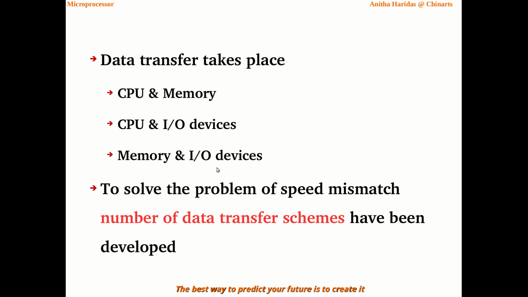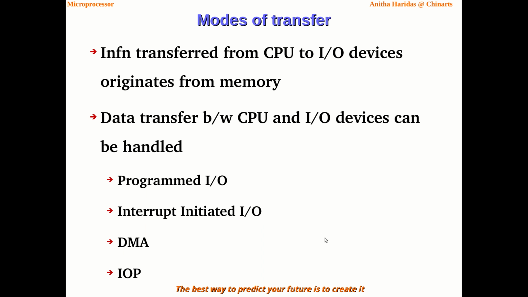We have seen what are the major differences between these devices during the data transfer. To solve the problem of speed mismatch, different data transfer schemes have been developed. And the three important data transfer schemes are programmed input-output, interrupt-initiated input-output, direct memory access.